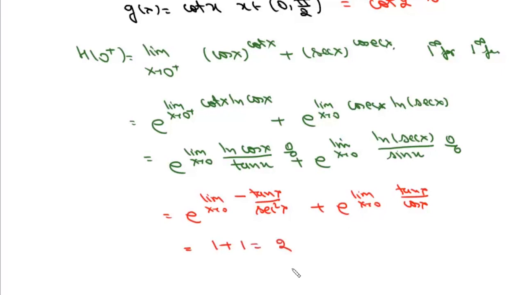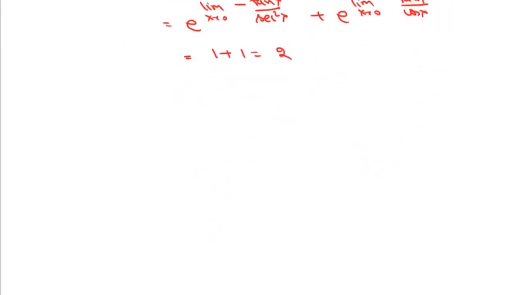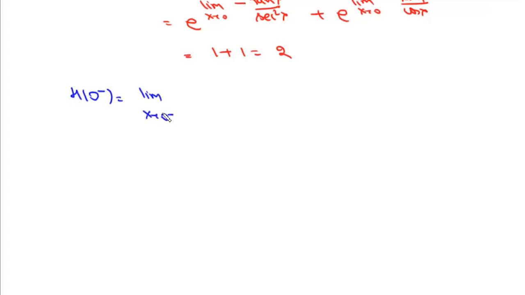Now we'll find its left hand limit. Now h(0-) is the limit x tends to 0 negative of (e^x plus e^-x minus 2 cos x) upon x sin x. What we'll do is we'll use series expansion here.